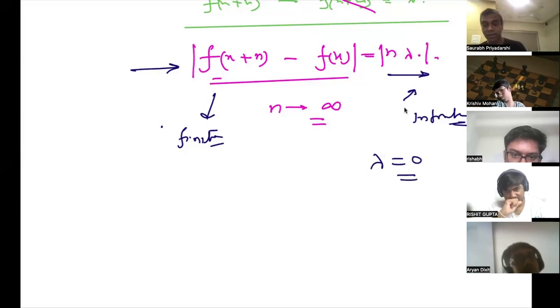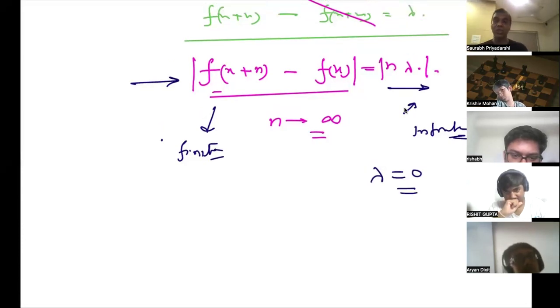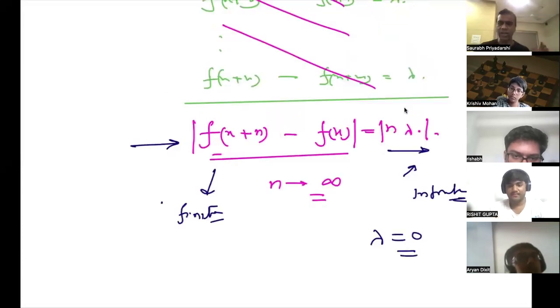Why am I taking n tending towards infinity? Why am I saying n is very, very large? Anyone? Because I want to establish the relation between a finite term and an infinite term. I know that the finite term is bounded between -4 to +4.